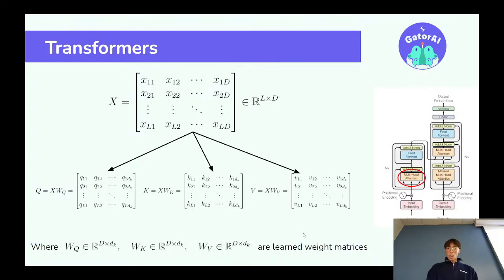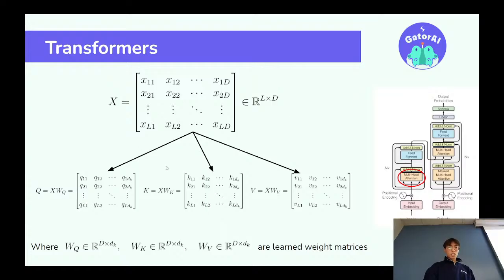So now we're going to send it to the mechanism of attention, right? We take our text, which is now represented as vectors, and it's an element of the reals, to the length of the text times the hidden dimension, which is how many numbers we're using to represent a single word.